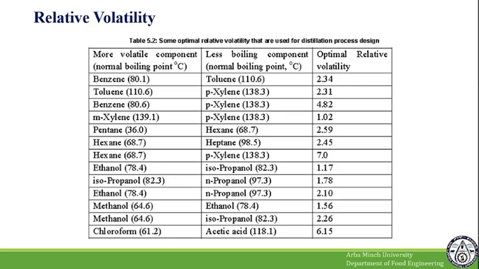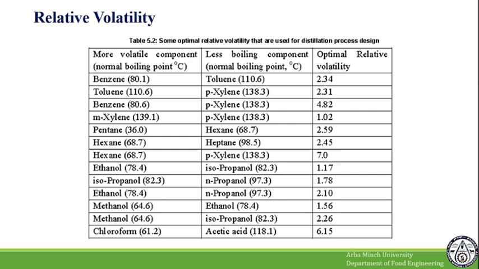However, as we see in this table, as temperature increases, the relative volatility decreases. If you look at the methylene, which has a boiling point of 139 degrees centigrade, it has the lowest relative volatility.